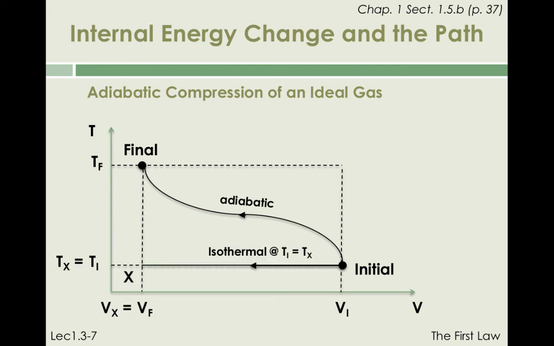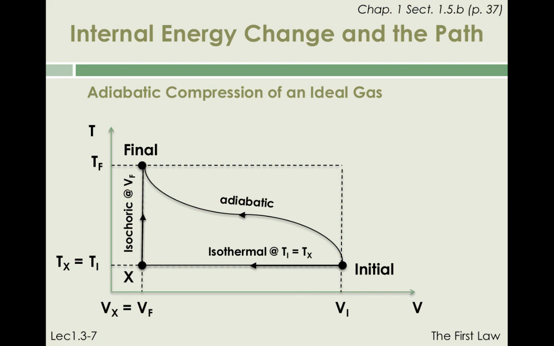The first one is an isothermal process at the initial temperature Ti from volume Vi to volume Vx equals Vf. The second step is an isochoric heating at constant volume Vx equals Vf from temperature Tx equal to Ti to the final temperature Tf.